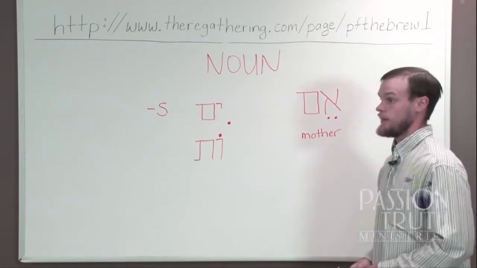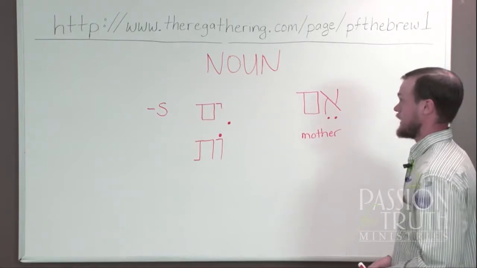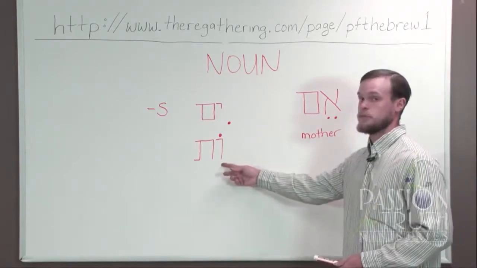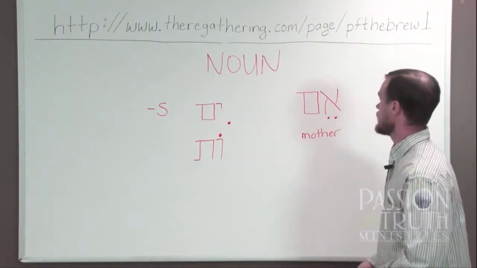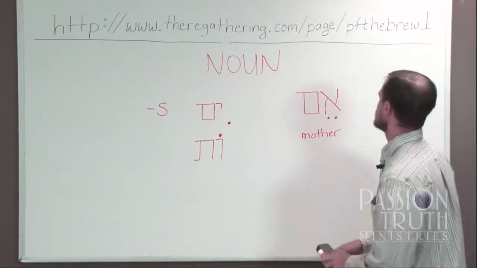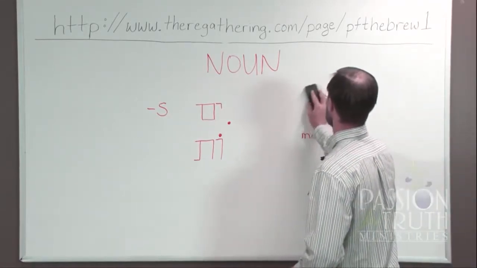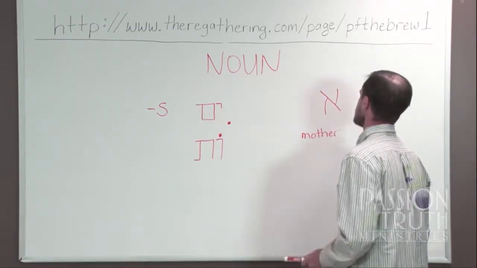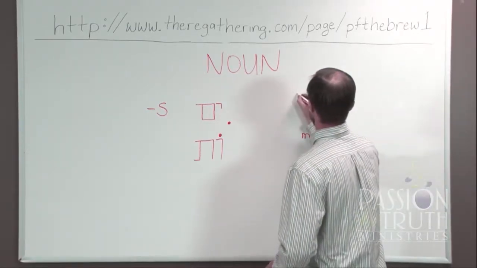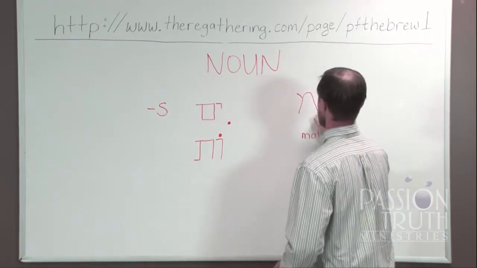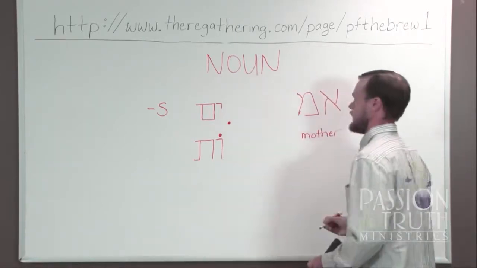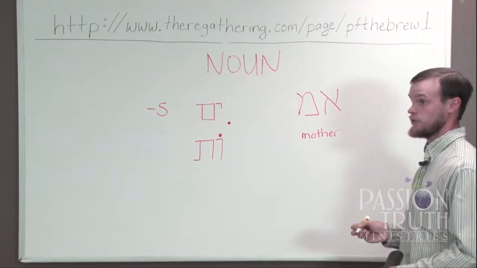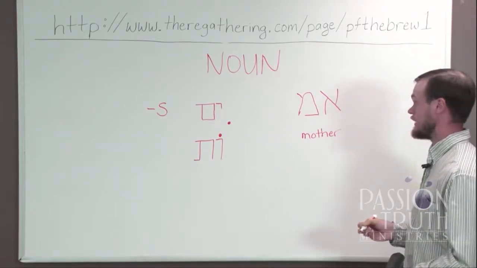So if we wish to say mothers, we have to add the feminine plural suffix. So em becomes, this is still a mem, but it cannot be a final mem any longer because it's now in the middle of this word as opposed to the end.